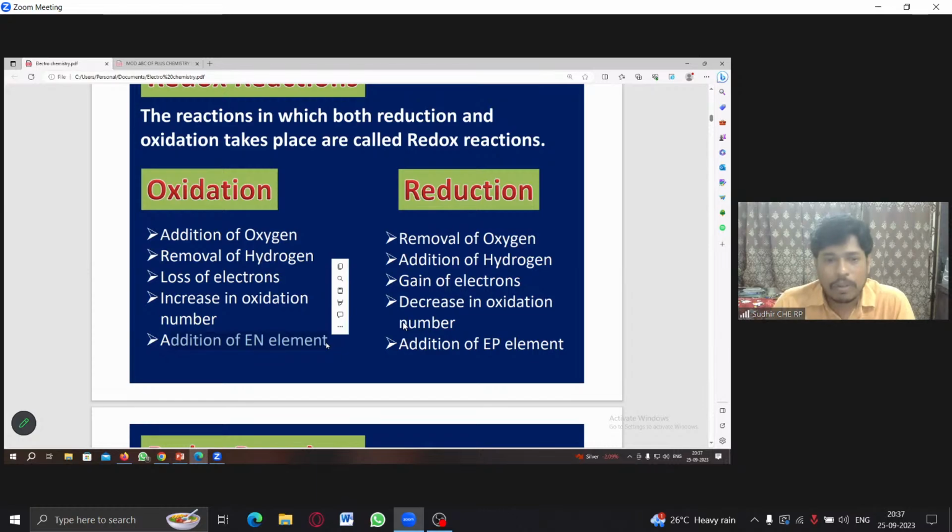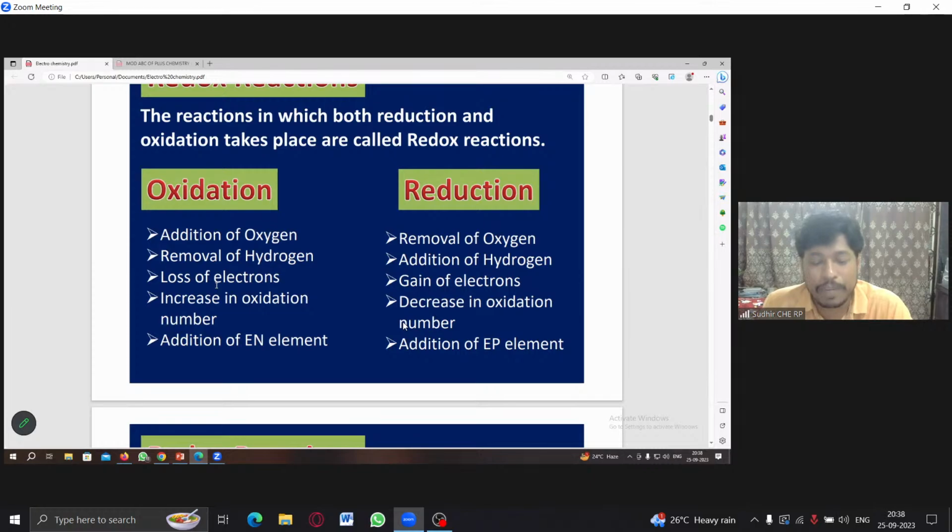Now I'm asking you, what is the reason behind why we treat all these kinds of processes as oxidation? A definition, anyhow you will say, no doubt about it. That's why I'm asking you the reason why we need to consider addition of oxygen as an oxidation process. Can any one of you tell me, please?